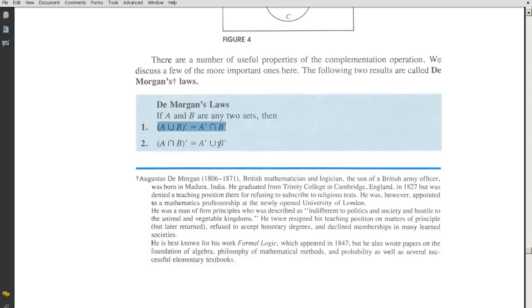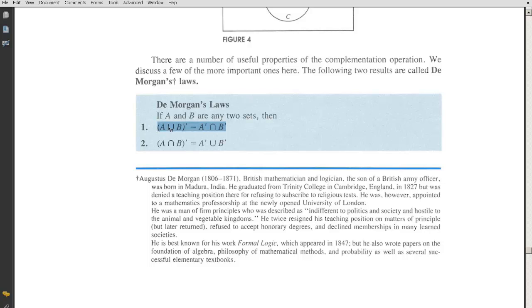Okay? Now what's the relationship between this one and this one? If you look at it, you can see that all they did from here to here was change union to intersection and intersection to union. So this union becomes intersection and this intersection becomes union. And so you can go from this one to this one by doing that.